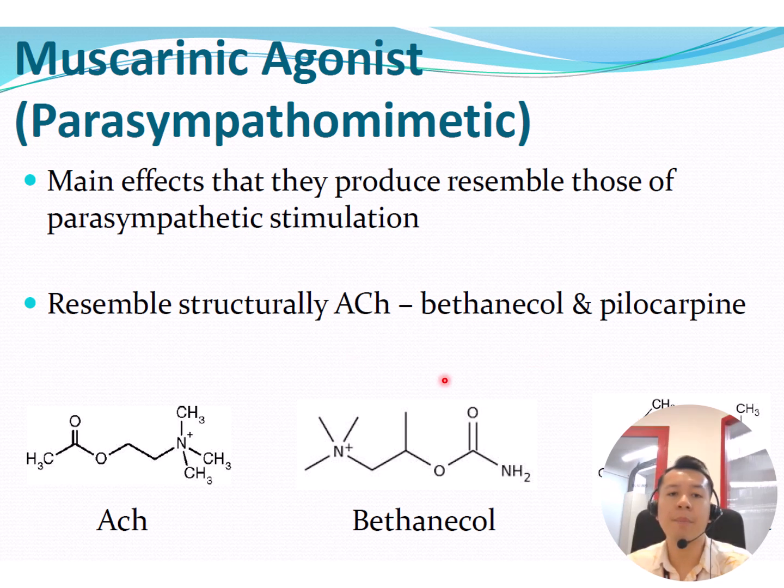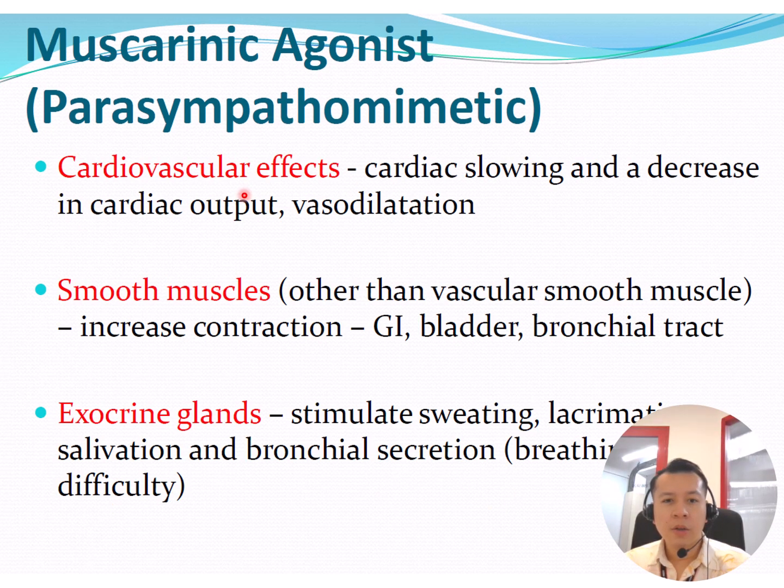Both drugs bind directly to the muscarinic receptor, activate it and produce a range of physiological effects, depending on where those receptors are located. If you still remember, each cell has its own receptor.